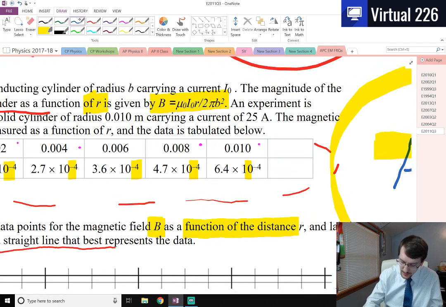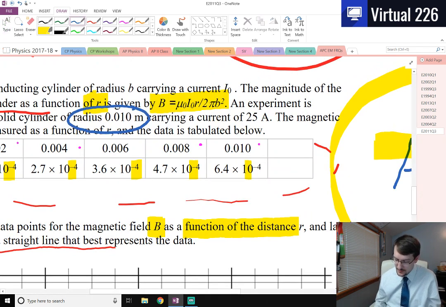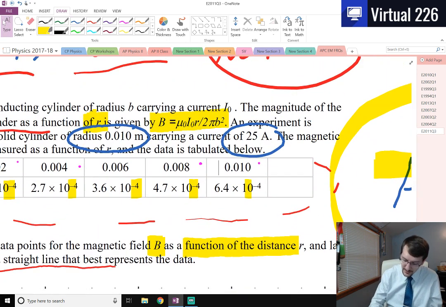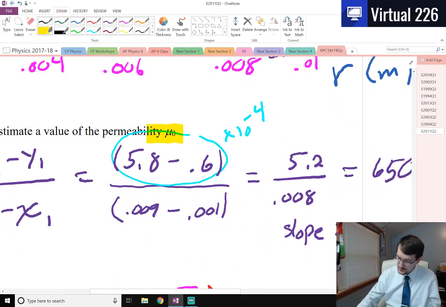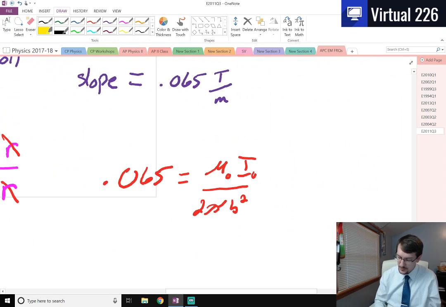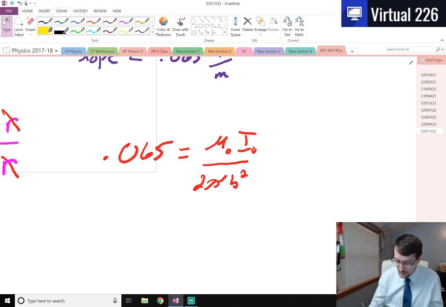We know what the radius of the cylinder is, and we know how much current is passing through it. So this radius here is value b, and this current is value I naught. So when we go down here, we can solve this out.